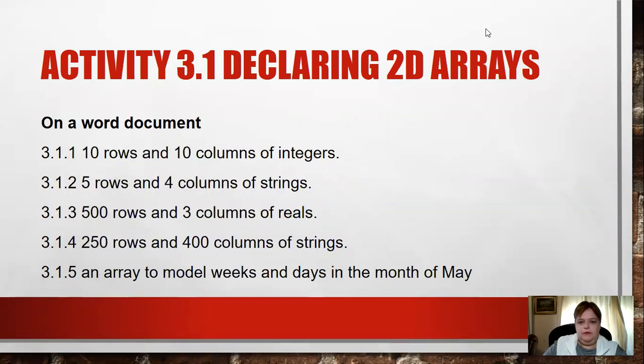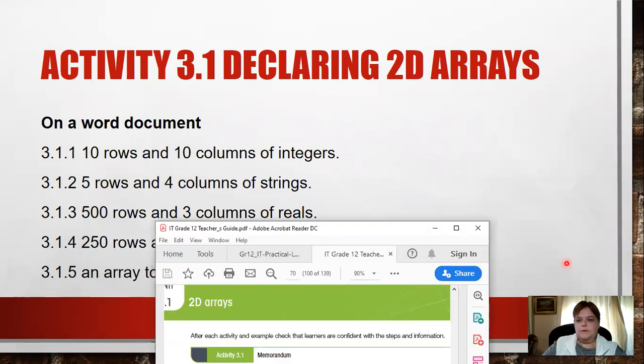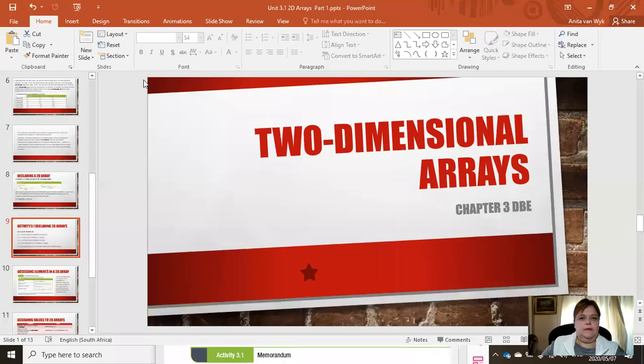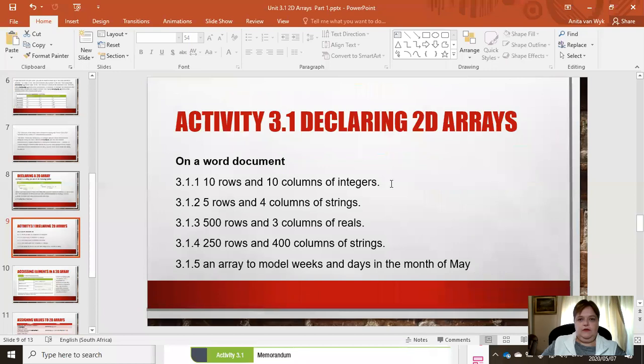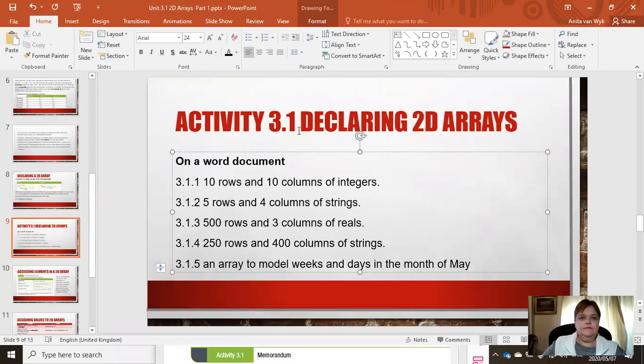Who can tell me what the 10 rows and 10 columns are going to be? How would I write that array? I'm going to go out of my presentation mode so that I can type here.